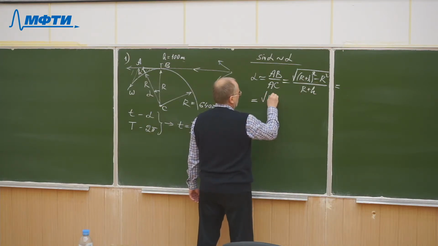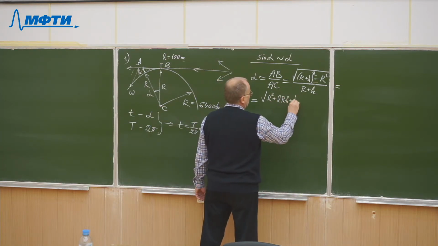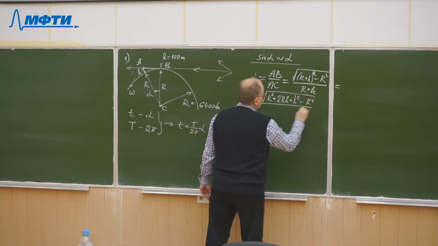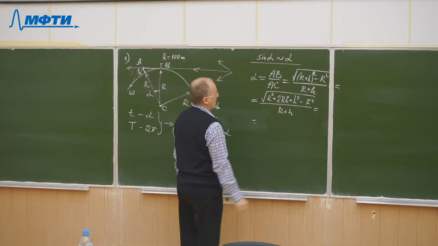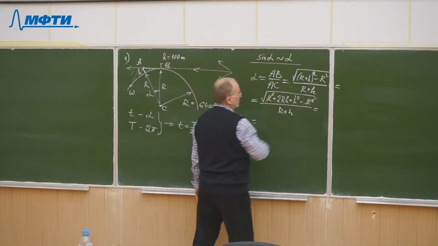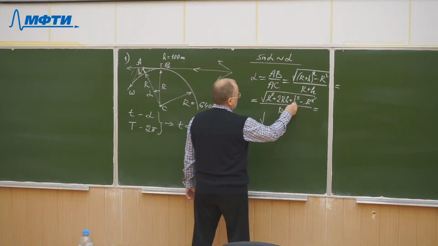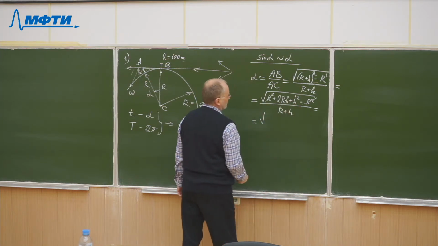It will give us r squared plus 2rh plus h squared minus r squared under the square root, divided by r plus h. R squared cancels here, and what remains is h can be taken out of the round brackets.